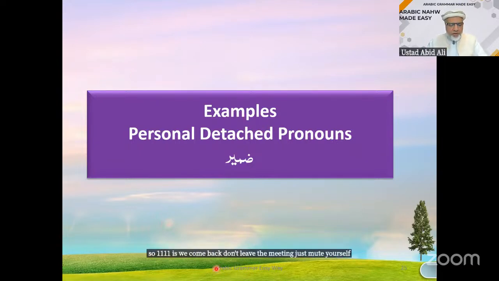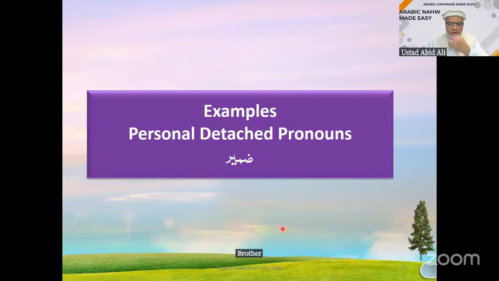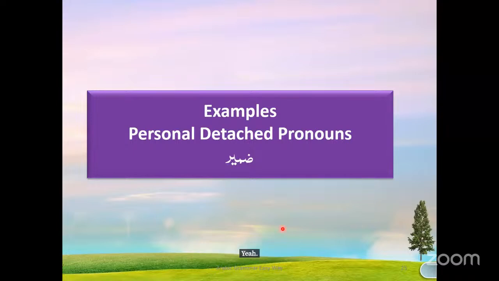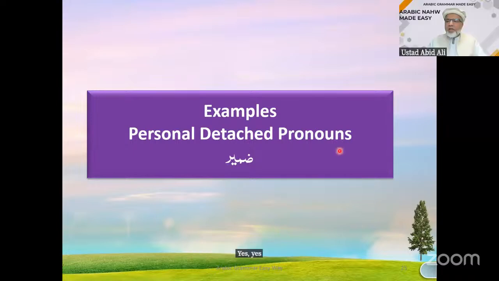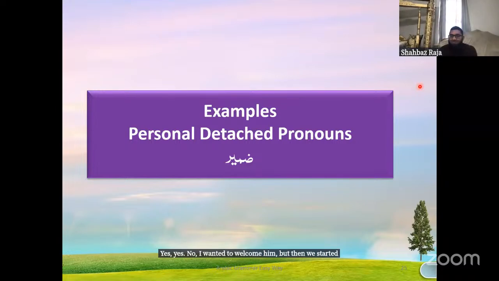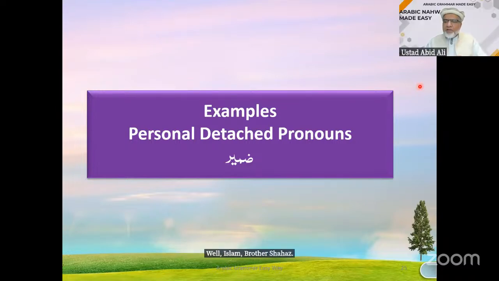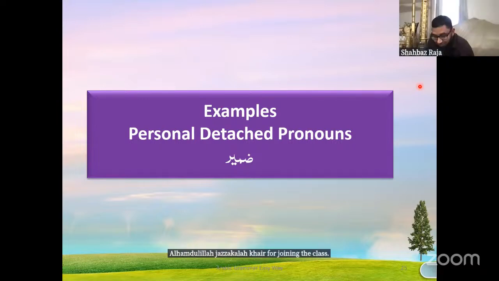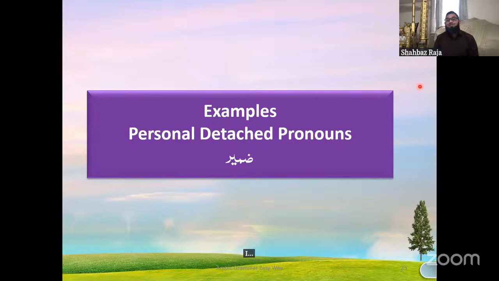And I would like to talk to one brother. Brother Shahbaz, are you here? I just wanted to mention him. Sorry. No, I wanted to welcome him, but then we started. Assalamu alaikum warahmatullah. Wa alaikum salam, brother Shahbaz. Alhamdulillah, jazakallah khairan for joining the class. Bismillah.